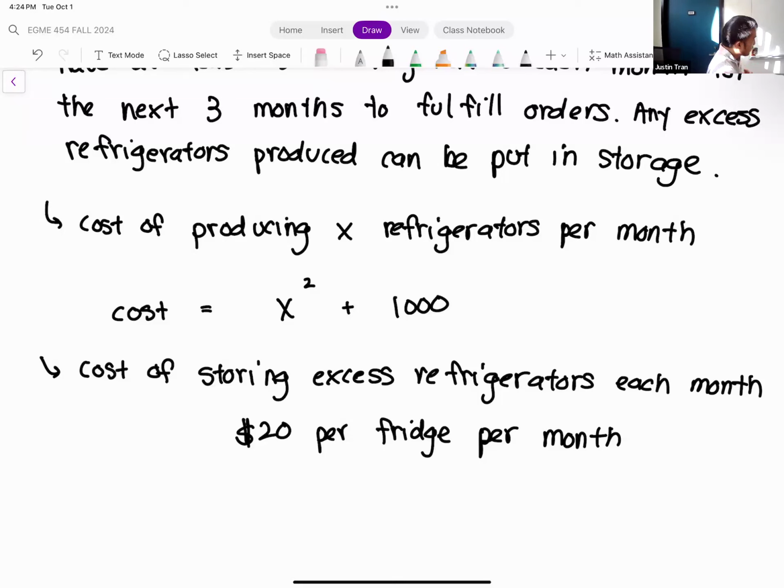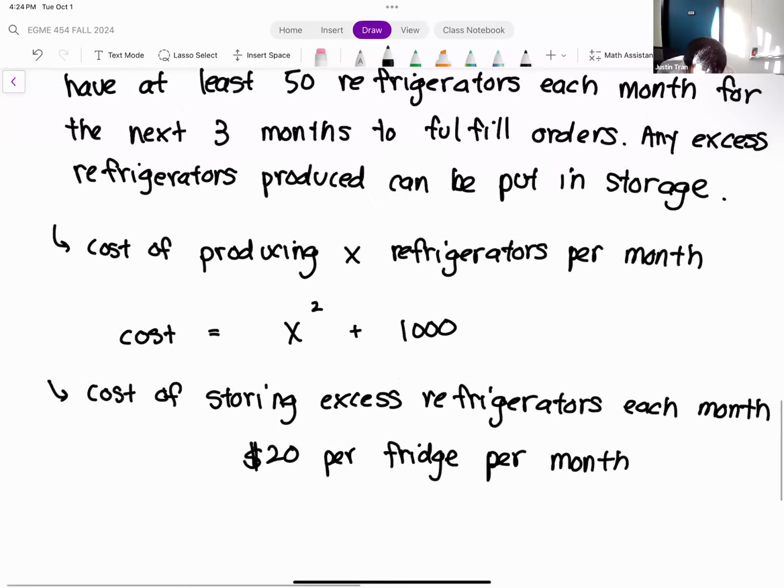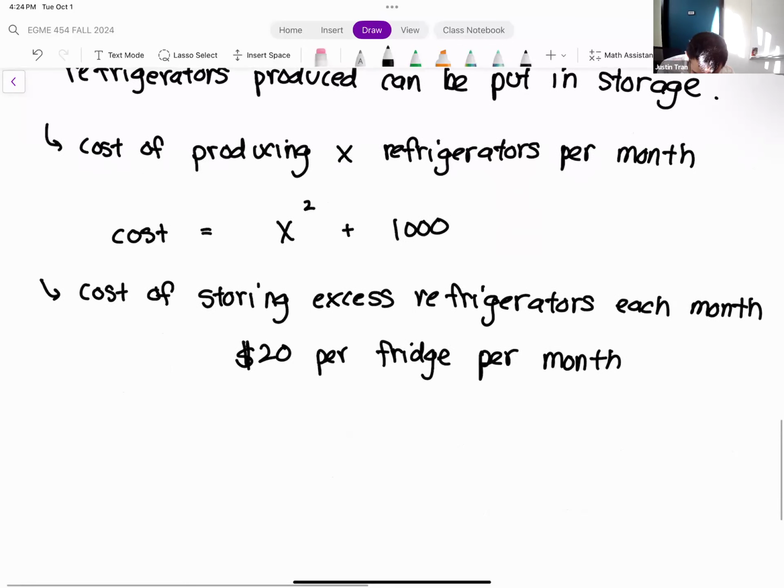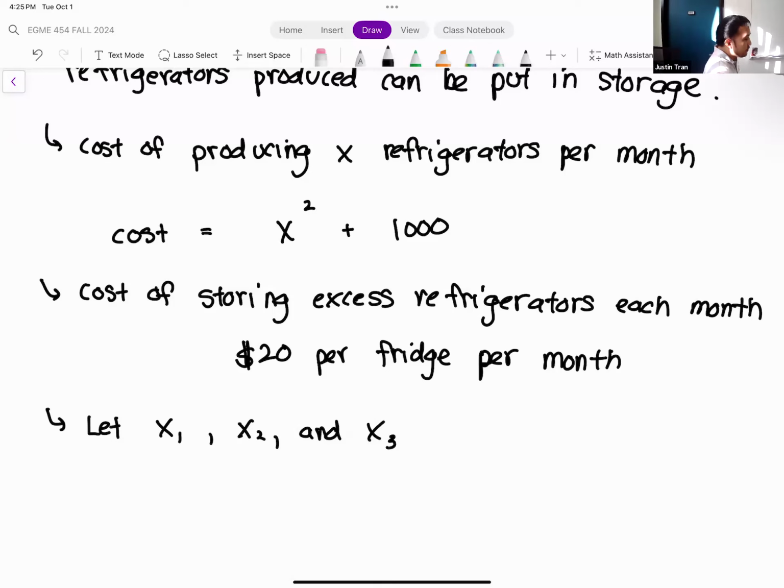Okay. So with that in mind, let's define our design variables. We have a three-dimensional optimization in this case, and so we're going to have X1, X2, and X3. Each of these design variables describes the number of refrigerators that the company should manufacture in the first month, the second month, and the third month.